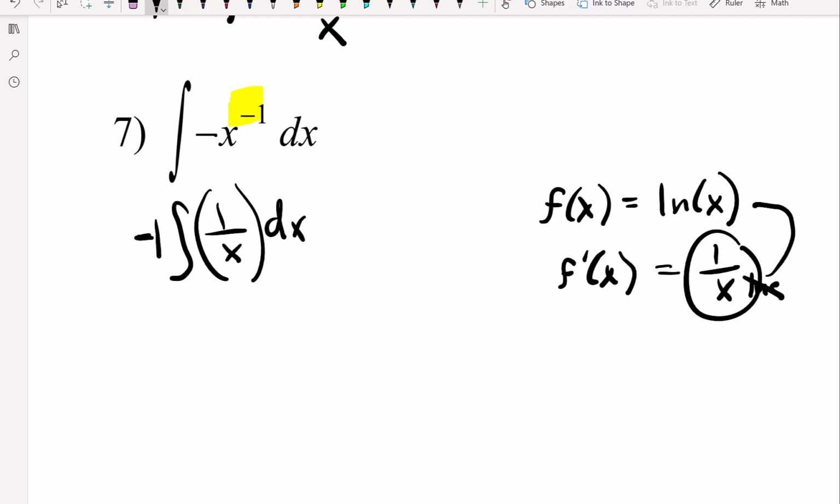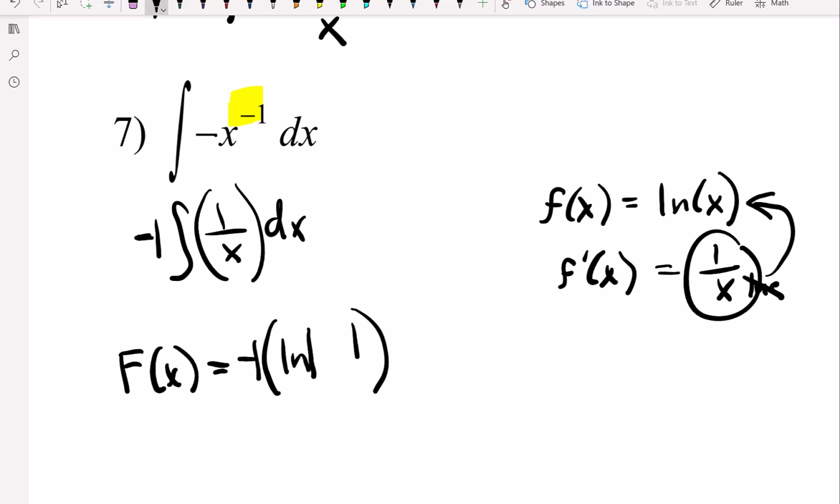So to work backwards, when you've got 1 over x and the number pulled out front, you're going to say this. Negative 1 out front, and then the derivative, you're going to say ln. Now, you're going to do absolute value bars, because remember, you can't take the log of a negative number. So you put ln of x like that, and then plus c.